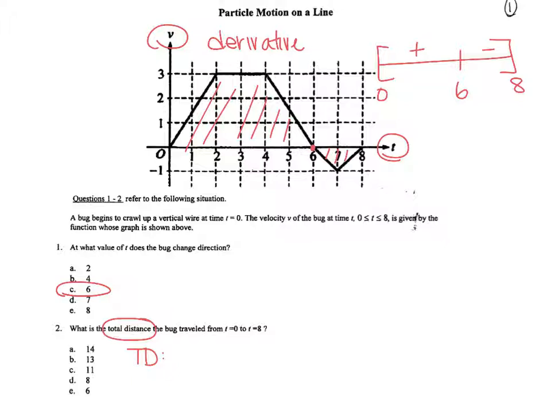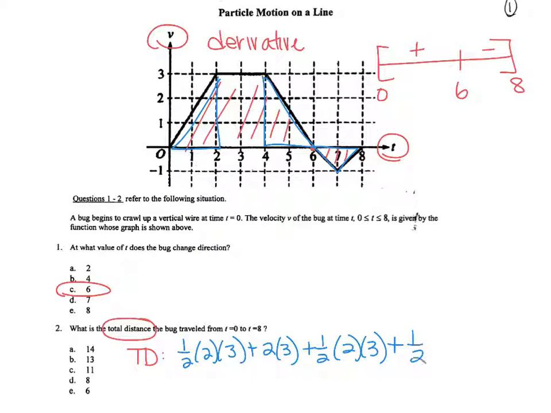So when I do total distance, I look at this and I see two triangles and a rectangle here and then a triangle here. So I would have 1/2 base times height, plus the rectangle, 2 times 3, length times width, plus another triangle, 1/2 base times height, plus, because it's total distance, the bottom triangle, which has a base of 2 and height of 1.